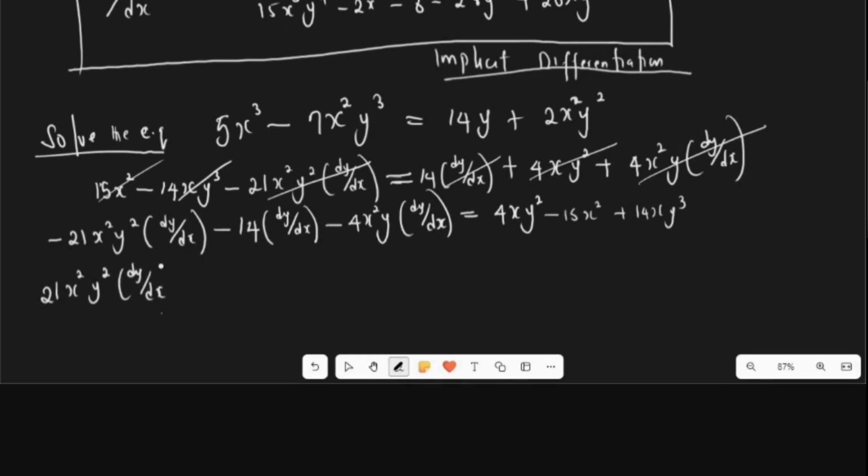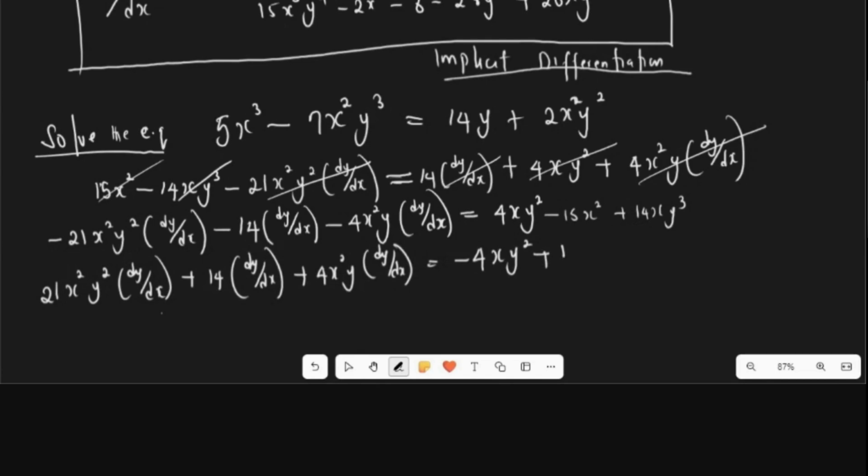It doesn't matter. That's why I said it doesn't matter. Plus, all of the signs are corresponding. dy over dx. Then you can have plus 4x squared y, your dy over dx. I'm just going to rearrange, okay? Let's have minus 4, let's not confuse you guys.